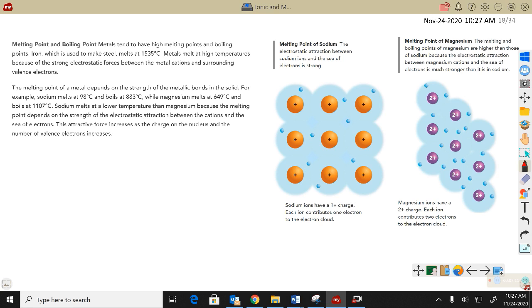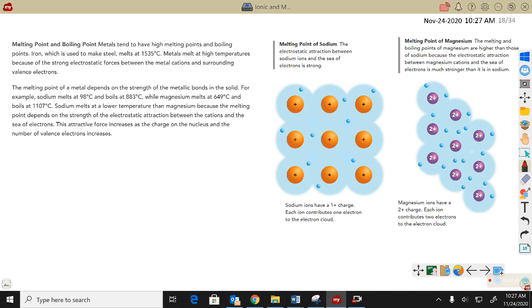In sodium, I only have one valence electron to provide, so I'm left with a positively charged sodium ion and just one electron provided to the sea of electrons. Magnesium has two valence electrons to provide to the sea of electrons, and it forms a +2 ion.